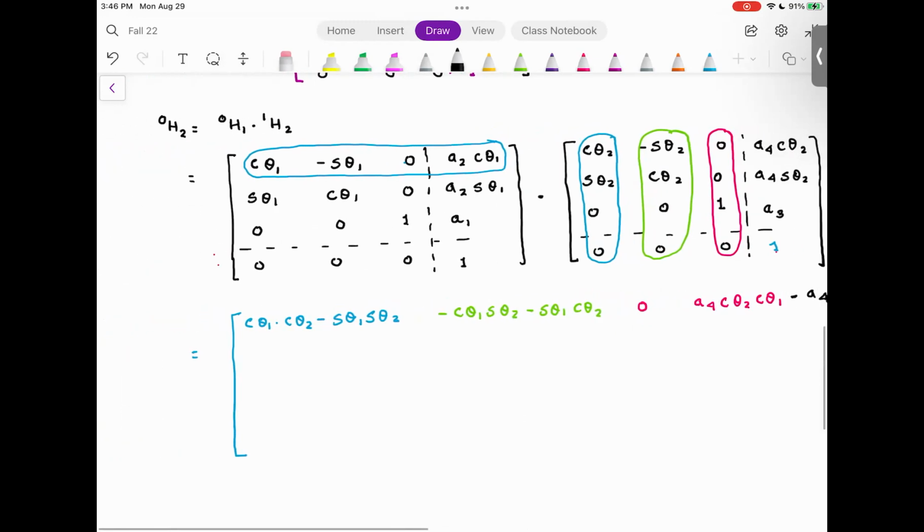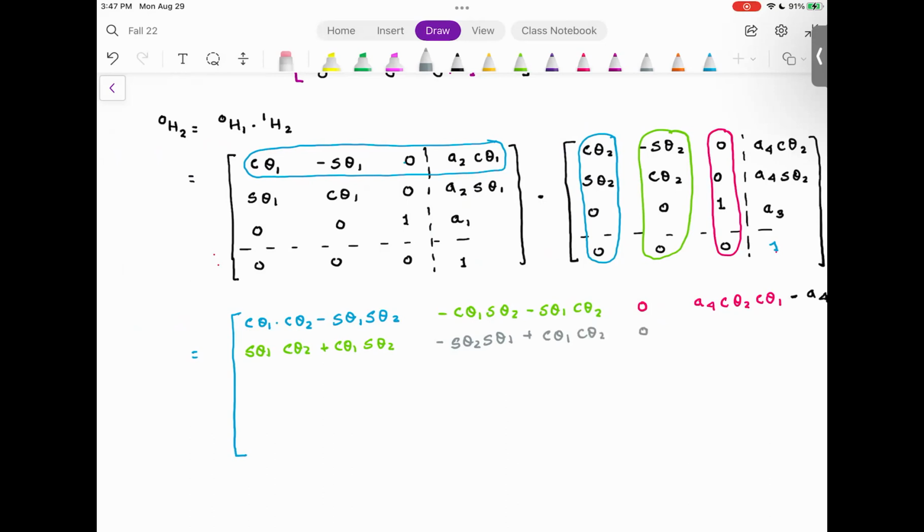Now, next product multiplication, sine theta 1 cosine theta 2 plus cosine theta 1 sine theta 2. Then, wait a second, there is one more: sine theta 2 sine theta 1, this will be negative, plus cosine theta 1 cosine theta 2.